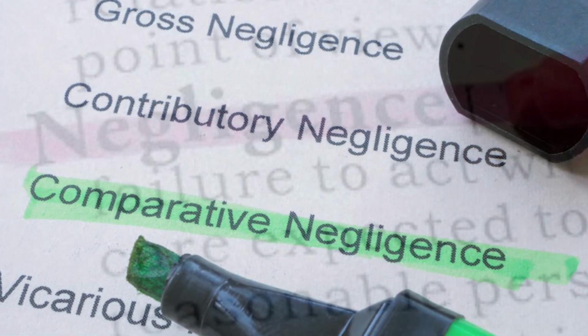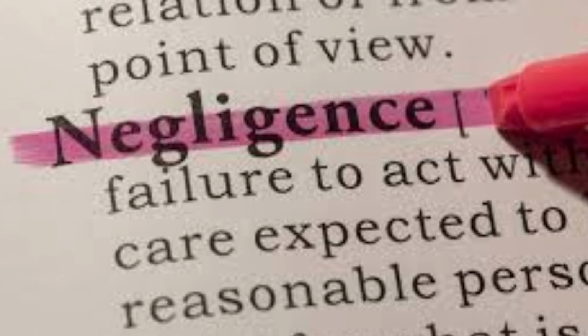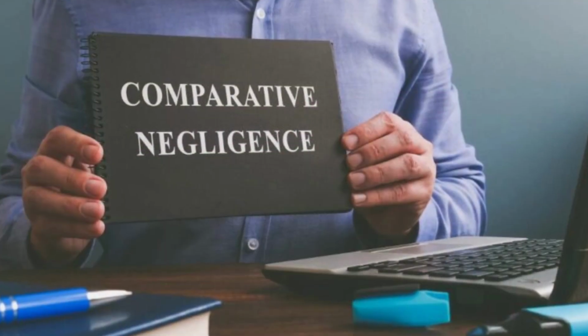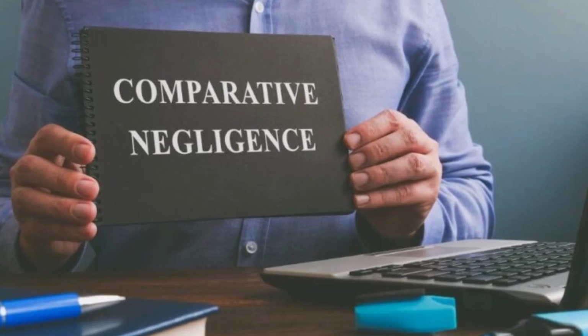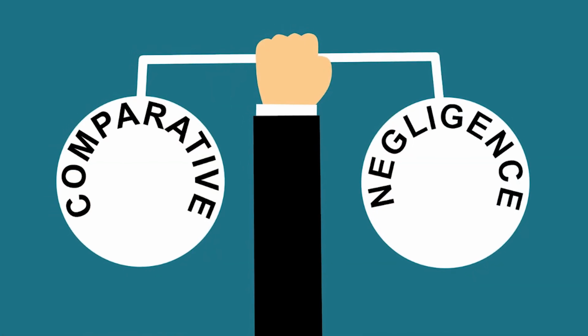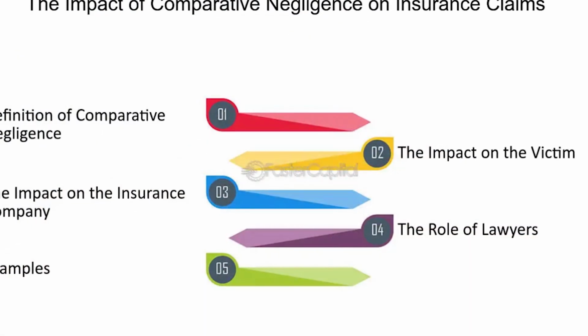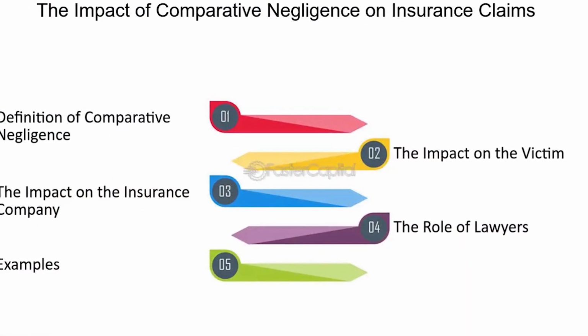That's why it's important to work with an attorney who can challenge unfair fault assessments and present strong evidence on your behalf. Comparative negligence laws are meant to be fair, but they can be complicated. Knowing how they work in your state is crucial because the rules are different across the country. The system you are in will determine whether you can recover damages and how much.